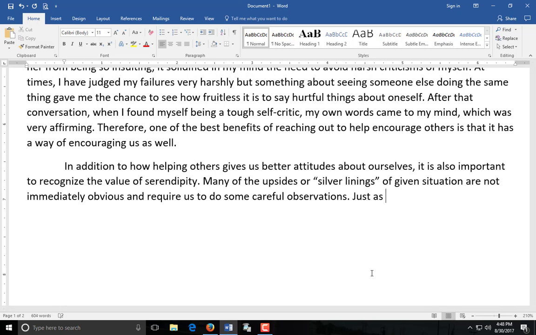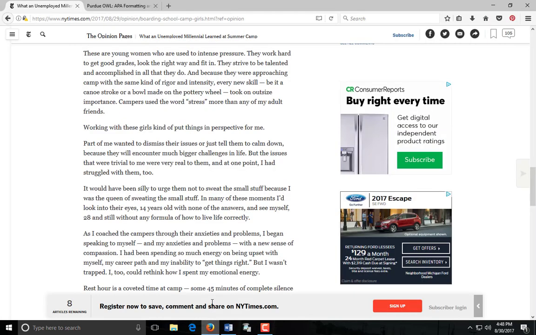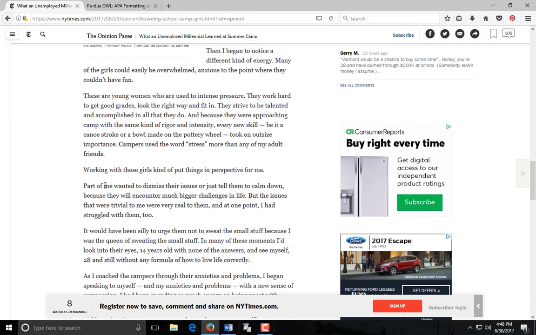Okay, just as she said something in the article. She said, if part of me wanted to dismiss their issues or just tell them to calm down, they will encounter bigger challenges in life.